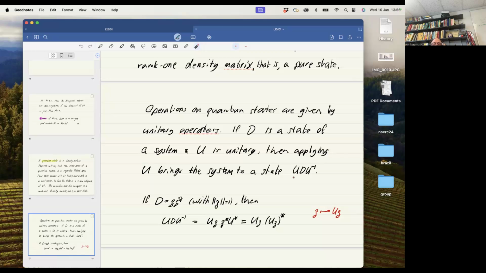Okay, and here I've just worked this out more explicitly in the case of pure states. So in that case, U D U inverse is equal to this outer product. And what that means in practice is, if you have a pure state spanned by a vector z, then you can regard the operation as mapping z to Uz. And this is the way physicists would work with these things in their undergraduate courses.